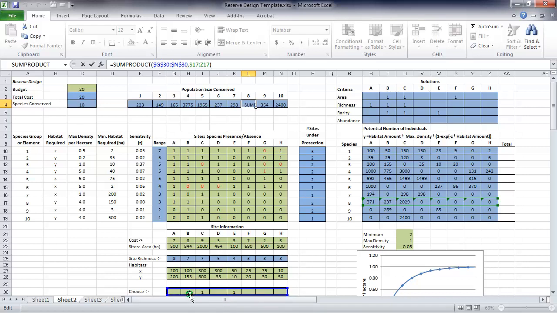For this choice matrix, we chose B, C, and E, so our result would be 237 plus 2029 plus 0. And that gives us 2,267.